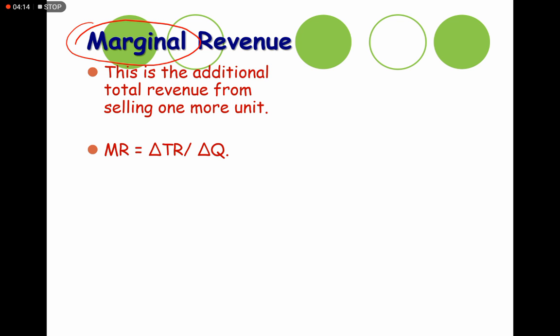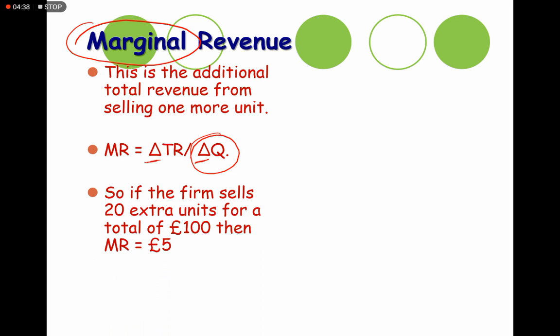We'd never really use this at A level, but that Greek symbol there, again from science, you might well recognize it as the Greek letter delta. It means the change in. So it's the change in total revenue divided by the change in quantity. But by default, we would say that the change in quantity is 1. So what's the total revenue change from selling one more? As shorthand, we have that as MR.